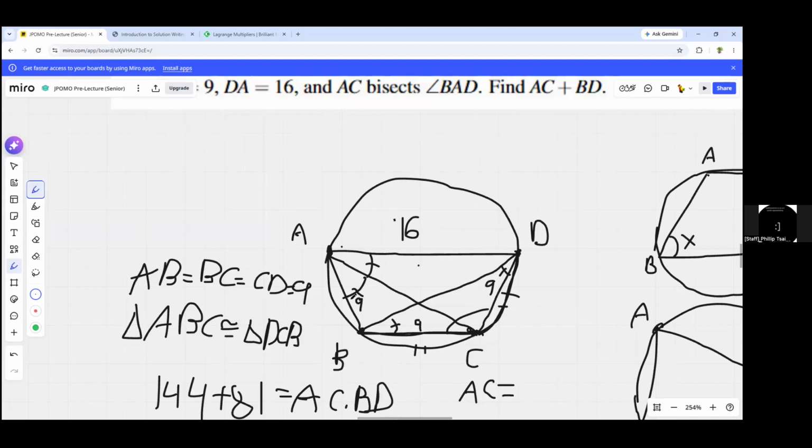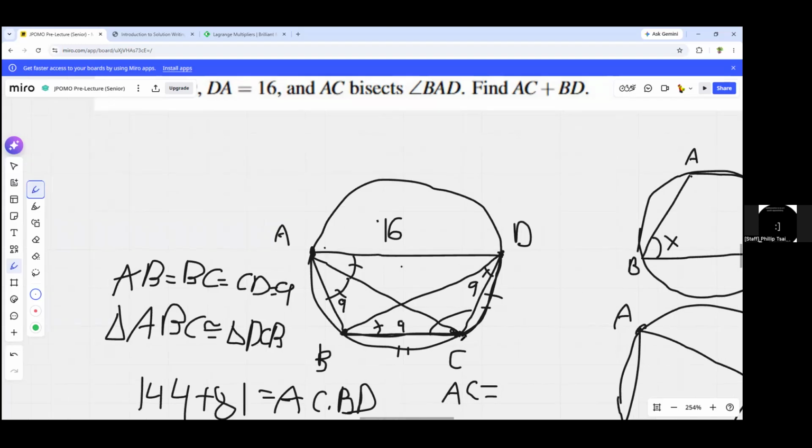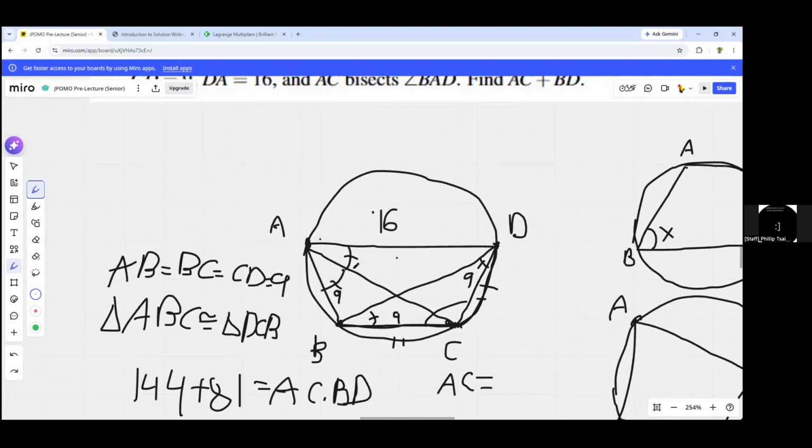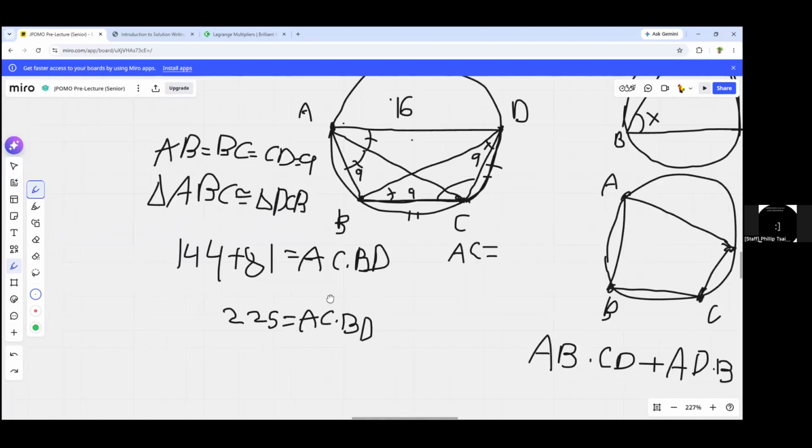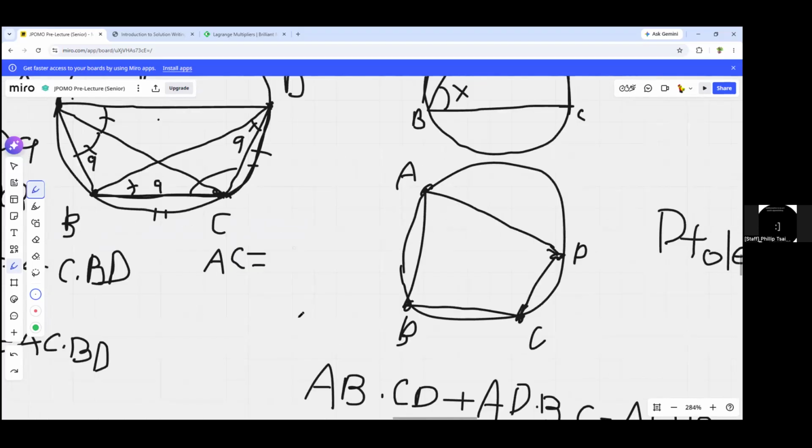In this case, we can show it by AAS, since angle CAB is equal to angle ACB, which is equal to angle DBC, which is equal to angle BDC, and since AB equals BC equals CD equals 9. Therefore, we can show that AC is equal to BD.